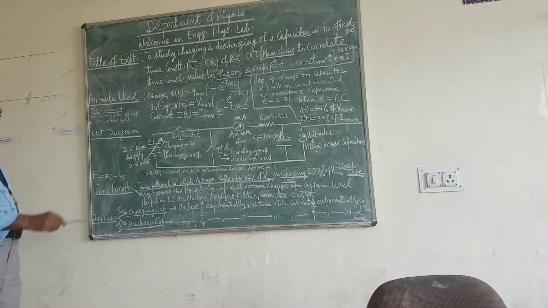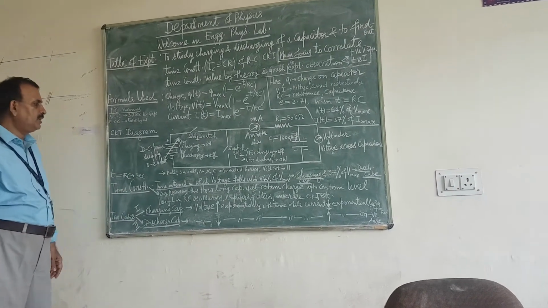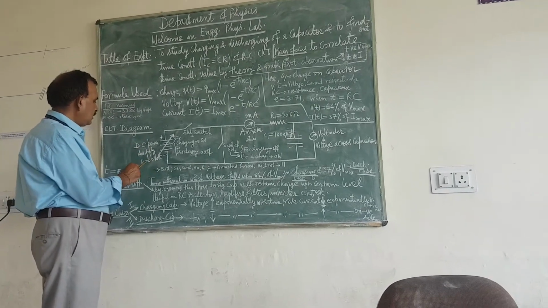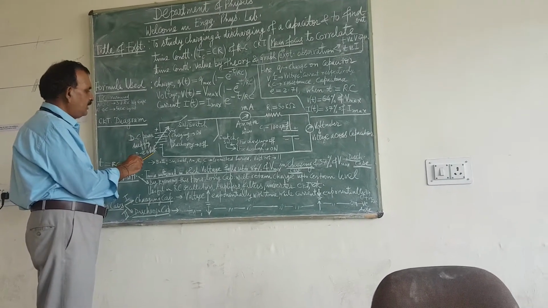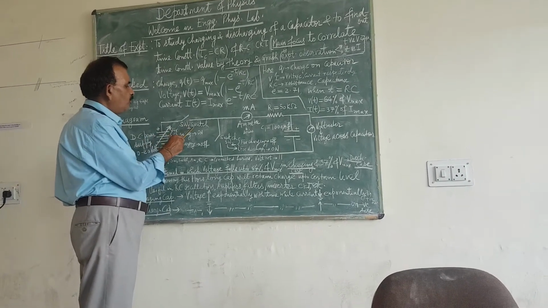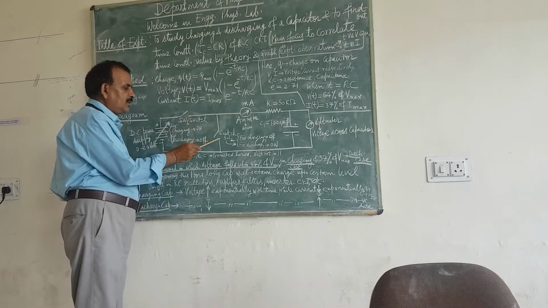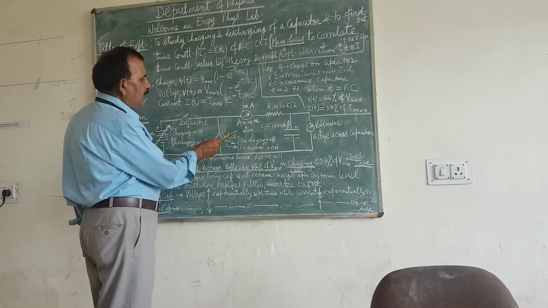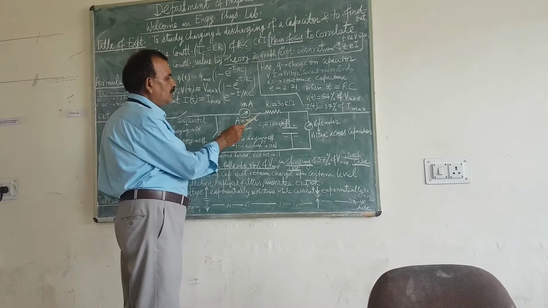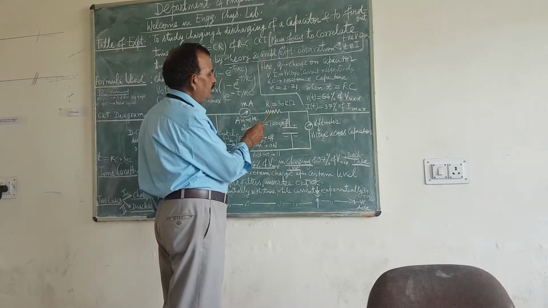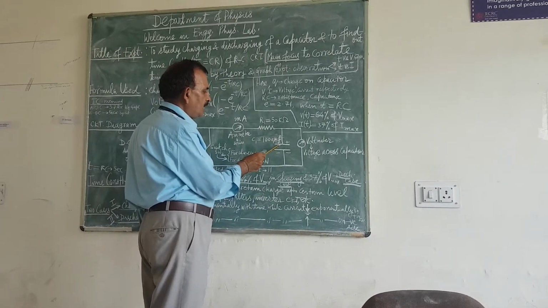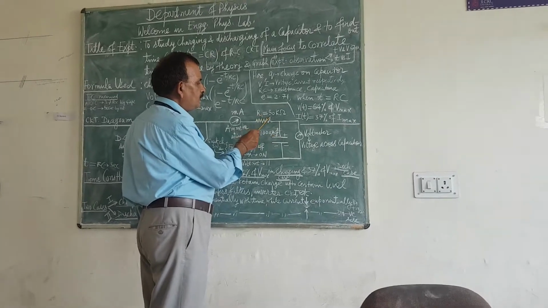Now we are discussing the circuit diagram. Basically, there is a DC power supply, 0 to 20 volt, and switch SW1 is there, SW2 switch is there, a milliammeter connected in series, and a resistance connected in series, a capacitor of 1000 microfarad and a resistance of 50 kilo ohm.